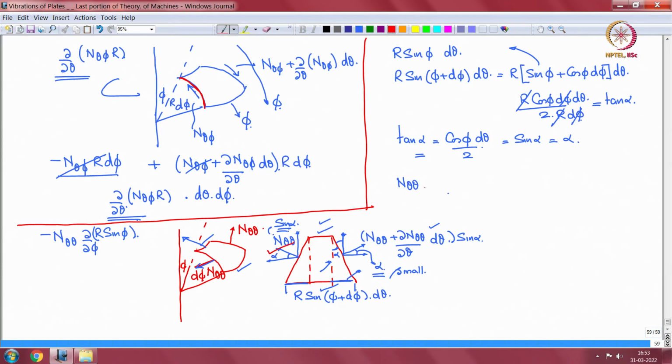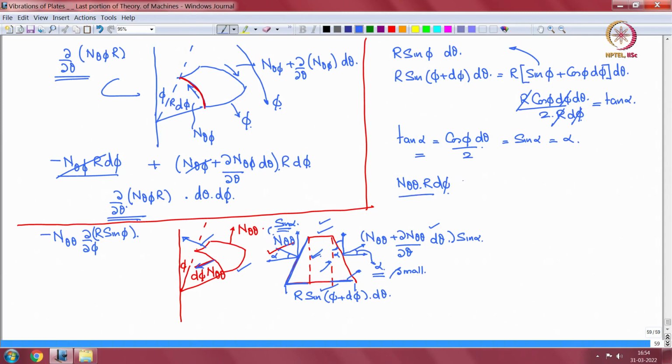I have to make it a force by multiplying with r d phi. This length is r d phi, and for small values of alpha, this is also r d phi. Now it's a force.